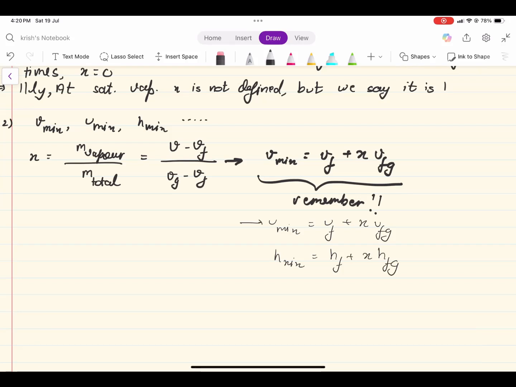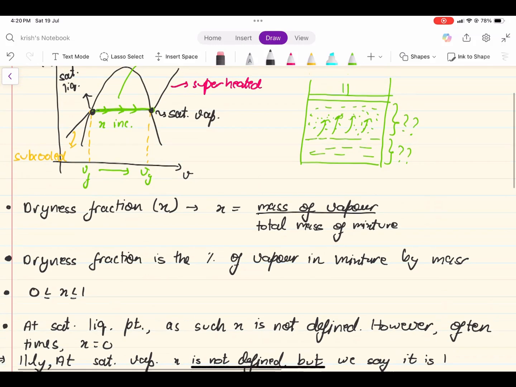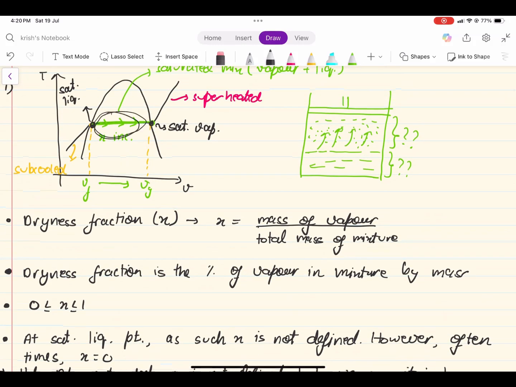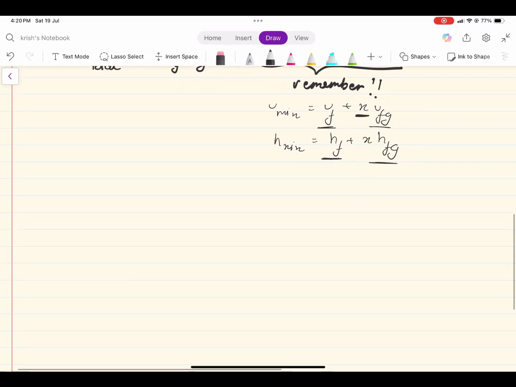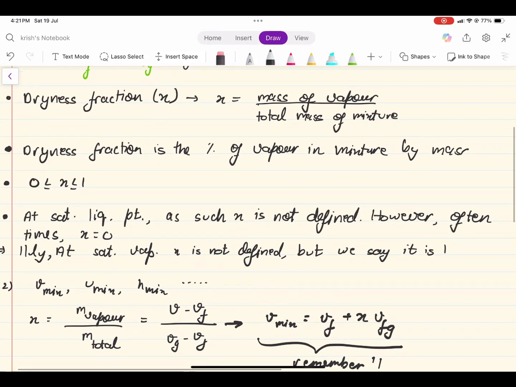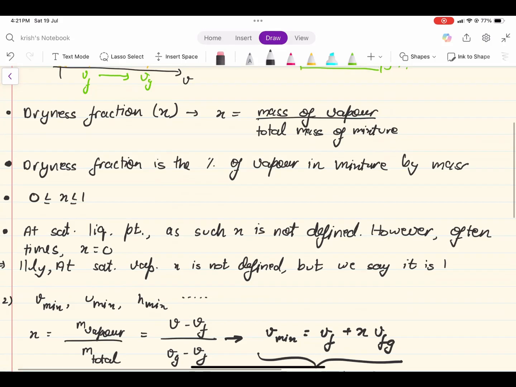Basically, to determine any specific property of a substance that is in this region, you can substitute the quantities here and get that property of the mixture, provided that you know the dryness fraction as well. So that is why dryness fraction is so important, because it helps us determine the specific property of the mixture. We're able to find out the volume, specific entropy, enthalpy, internal energy.